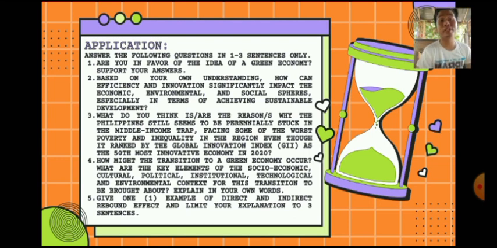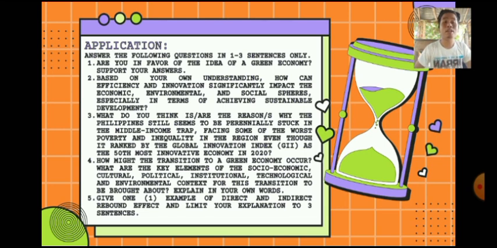And now let's proceed to the application. I hope you understand our lesson so that you can really answer the following questions. First, are you in favor of the idea of a green economy? Support your answers. Second, based on your own understanding, how can efficiency and innovation significantly impact the economic, environmental, and social spheres, especially in terms of achieving sustainable development?